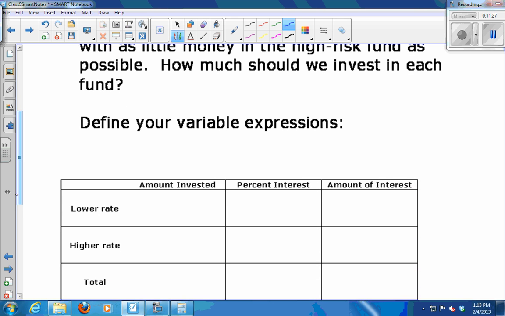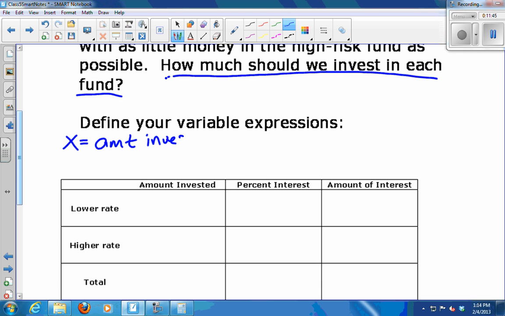So first, define our variables by locating the question and letting your variables answer it. So how much should we invest in each fund? We're going to let X be the amount invested, and you could either do the high risk or the low risk, it doesn't matter. Invested in, let's say, the high risk.